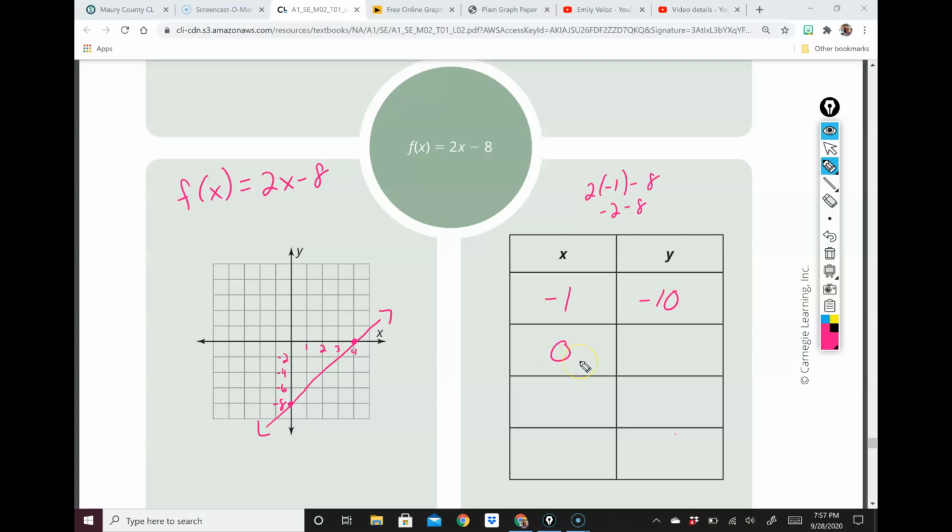If I plug in 0, remember that's going to be your y-intercept, negative 8. If I plug in 1, that's going to be 2 minus 8, which gives me negative 6. And if I plug in 2 here, that gives me 4 minus 8, which is negative 4.